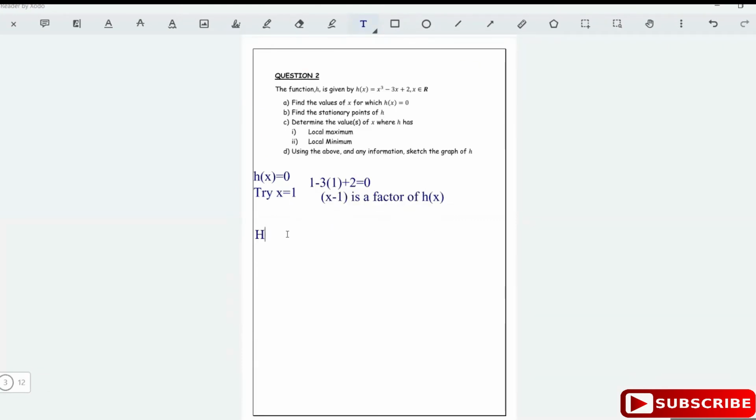So remember, we're rewriting h of x now as x minus 1.